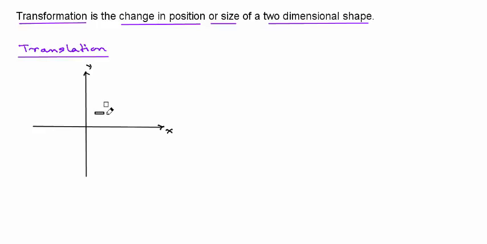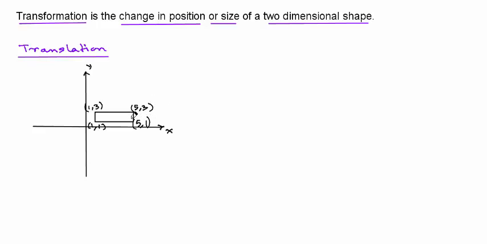Similarly, if you have a rectangle in the XY plane such that the coordinates of the 4 corners are, let's say, 1, 1, 1, 3, 5, 1, and 5, 3.